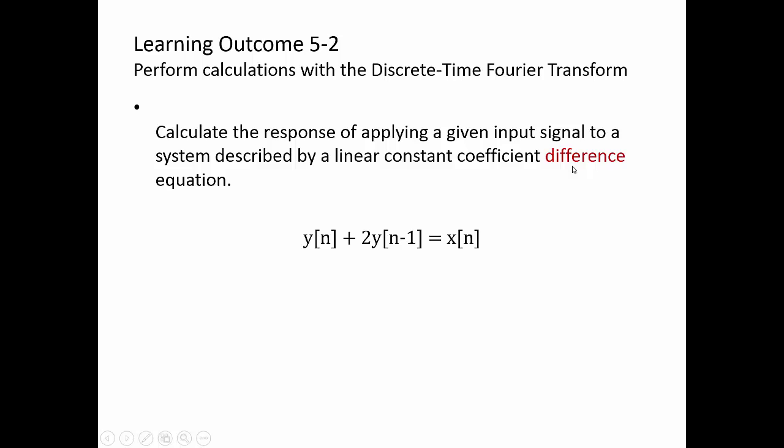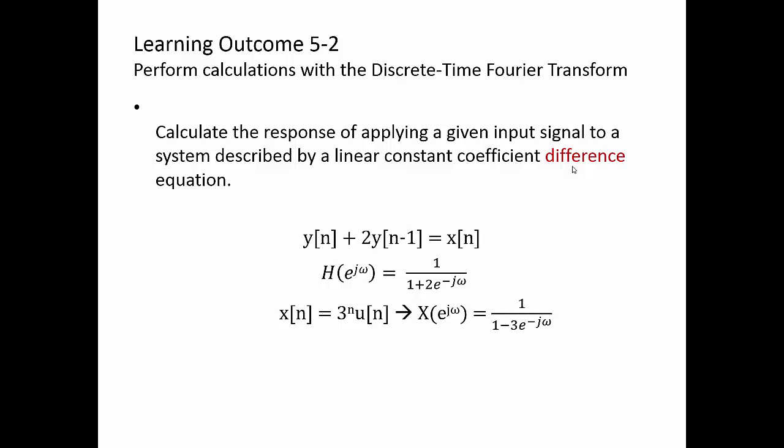So there's our difference equation. There's the frequency response to it. If that's our input, by Table 5.2, you will find this as a transform of that particular time signal. Our output will be the transform of our input times our frequency response.